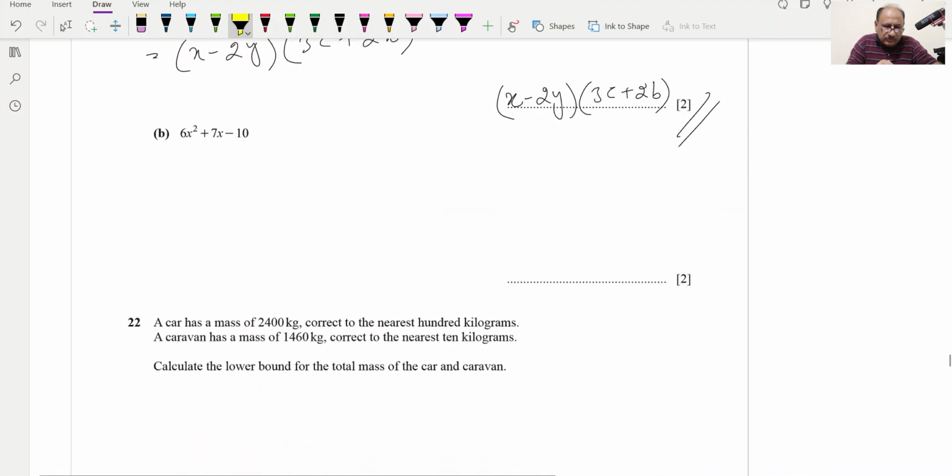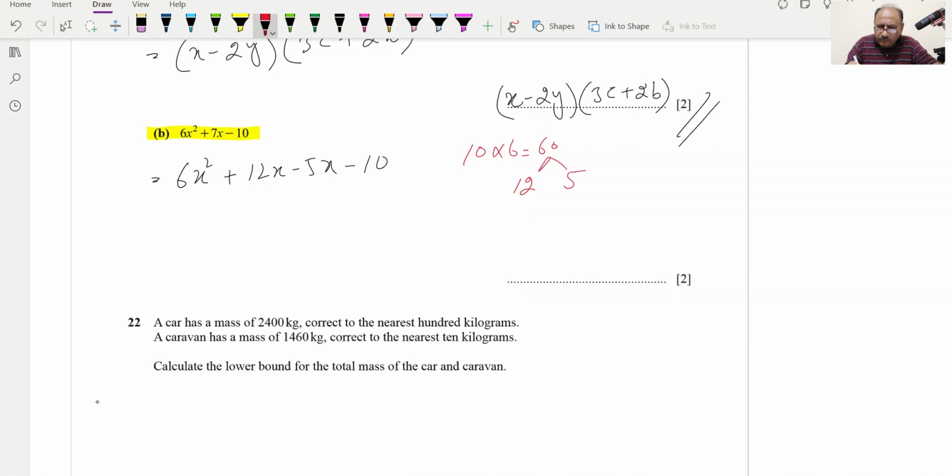Now next is B part. This one we have to factorize this expression, and we can write 6x square, and we can write this one as 12x minus 5x and minus 10. So we can make pairs: 6 multiplied by 10 will be equal to 60, and this will be 12 into 5, and this will be plus 12 and minus 5, and this is what we have used over here.